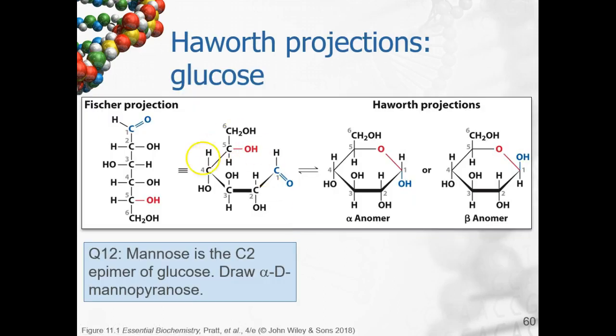So if you're very good at taking a Fischer projection, and if you can spatially take the structure and bend it around like this, then you won't have to use the Kahn and Stumpf rules that I just showed you, because then you'll just sort of naturally see what happens when you take this straight chain structure and bend it around to form the structure right here.